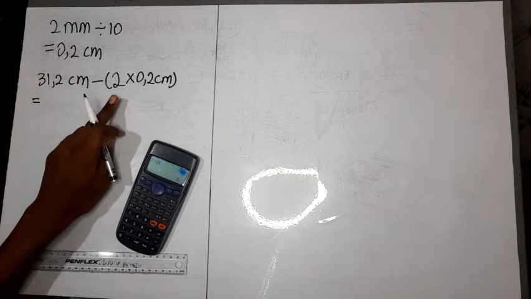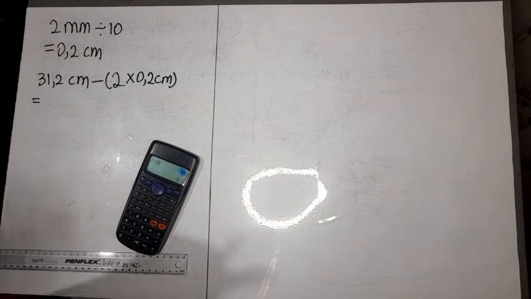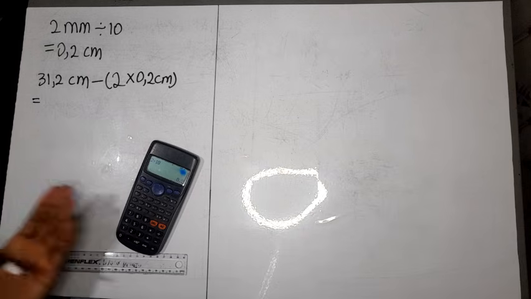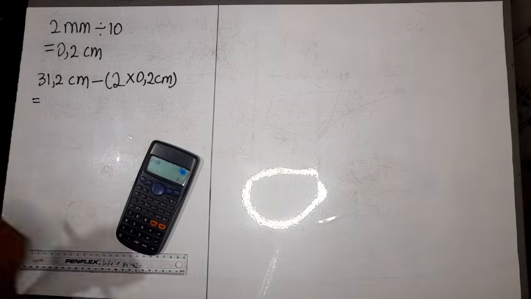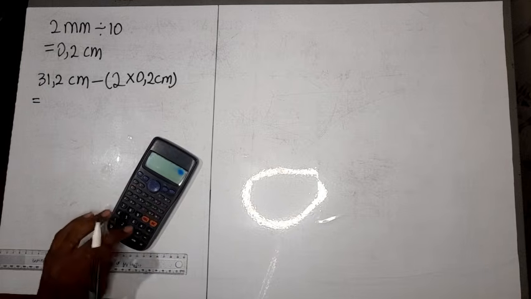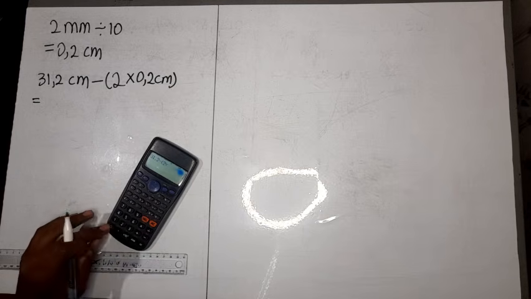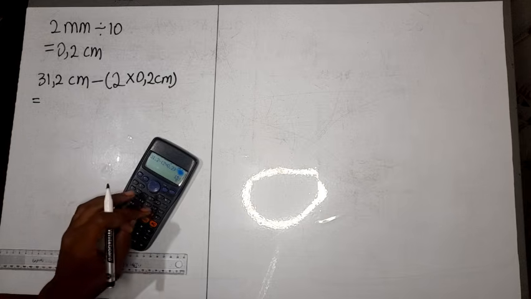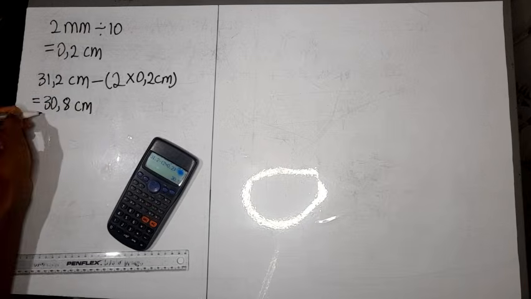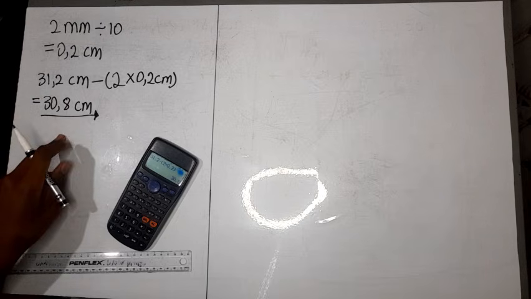The reason I'm multiplying by 2 here is because 0.2 centimeters is the thickness of just a single bucket wall, and we have 2 walls. So we are subtracting them in order to find the inside diameter. It's 31.2 centimeters minus 2 multiplied by 0.2, and that gives us 30.8 centimeters. So this is our inner diameter. This is the diameter that we are going to use in order to calculate our answer.